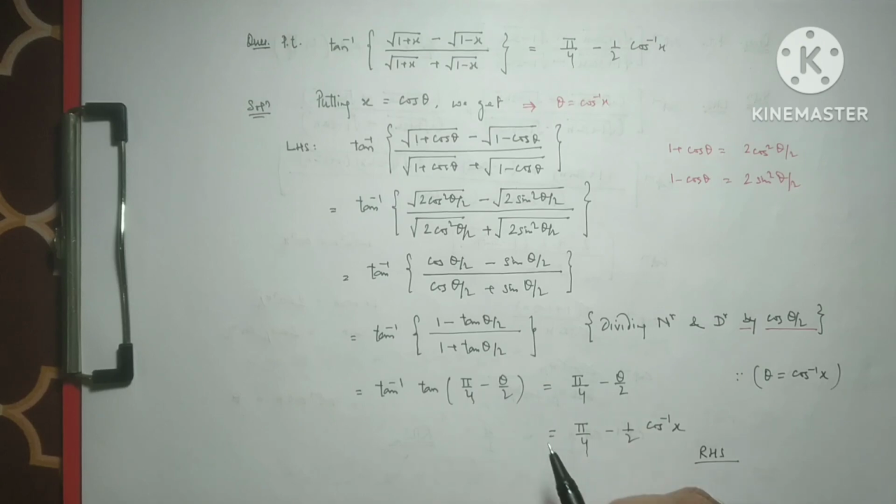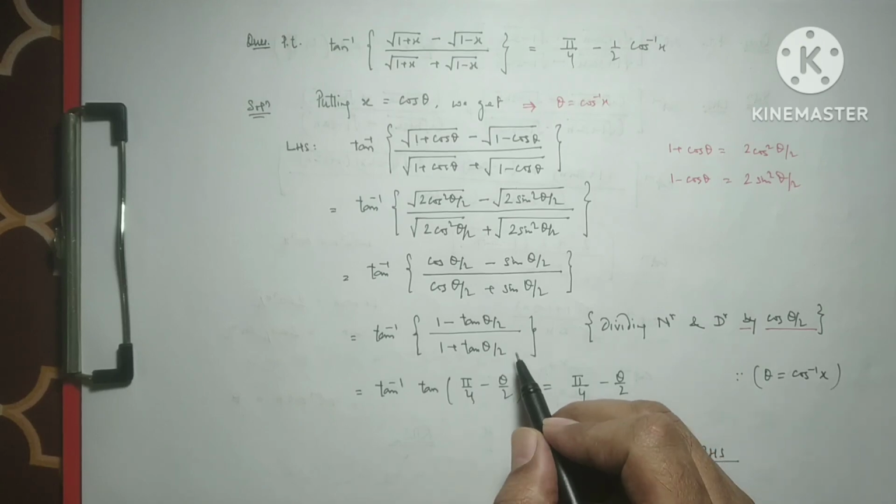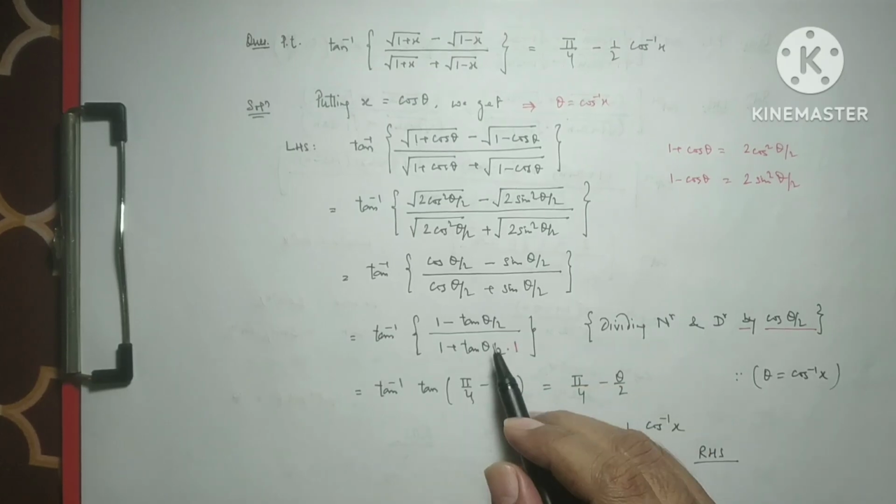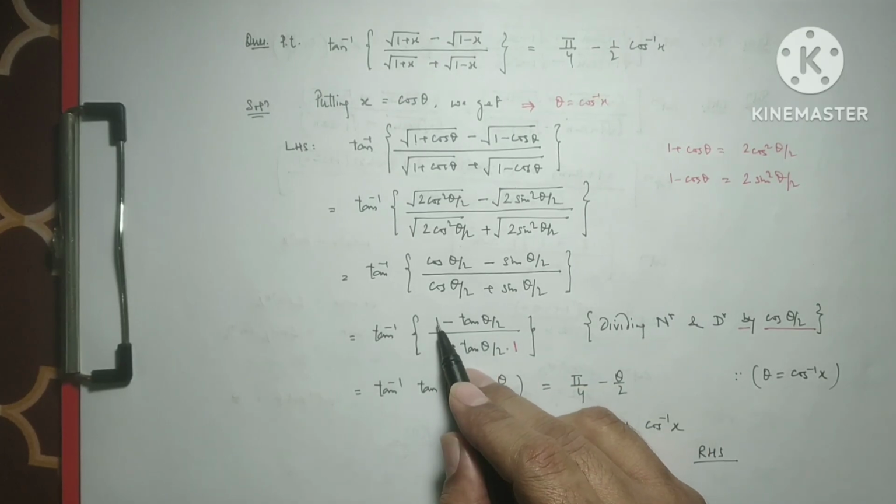So right now we will convert this into the formula of tan. 1 is tan pi by 4.